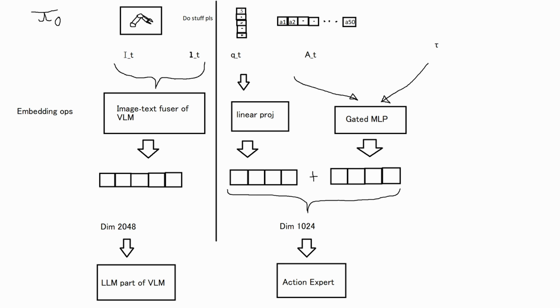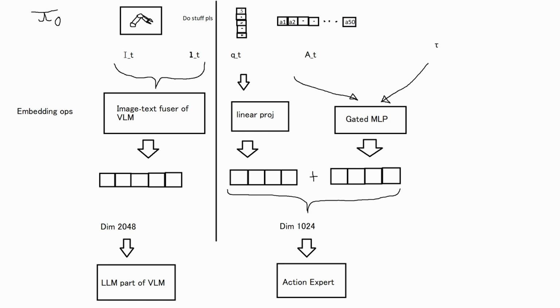This makes sense if you think of the vision language model backbone as knowing how to see, and the action expert as learning how to move. Since they are doing different things, you can set up the action expert pretty freely. And why I point this out is the authors of this paper explicitly note that since they have this freedom, they decided to reduce the size of the action expert to make it run faster.